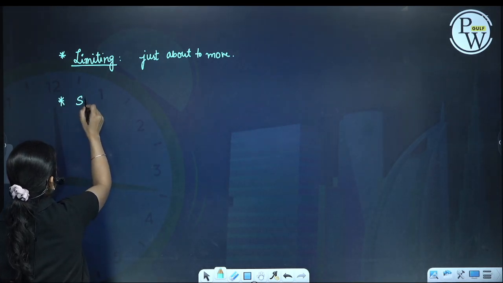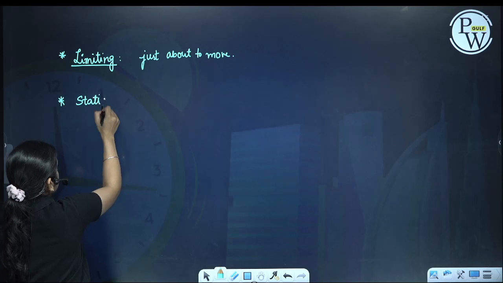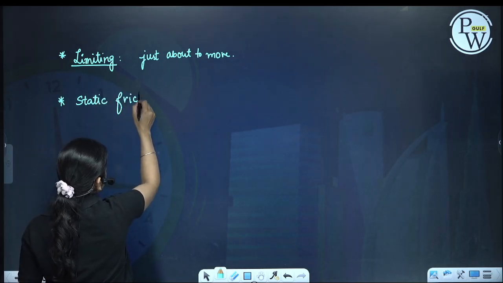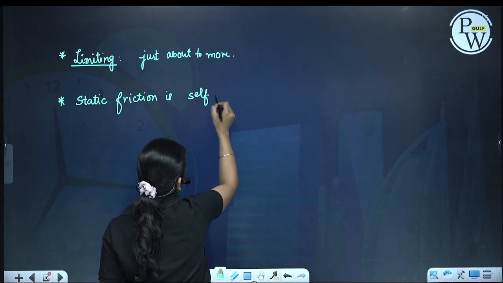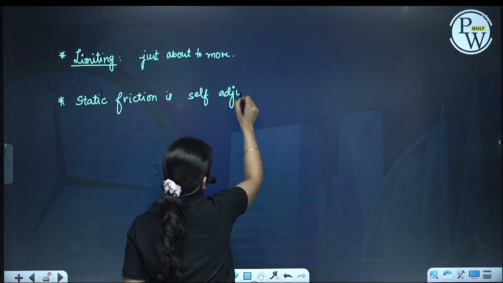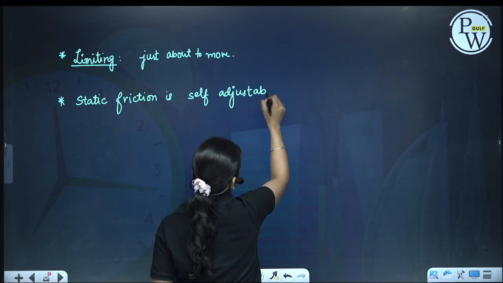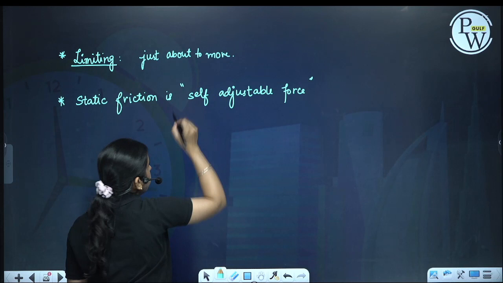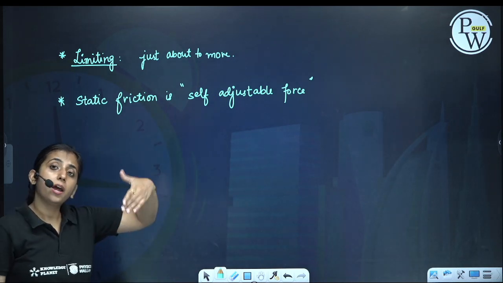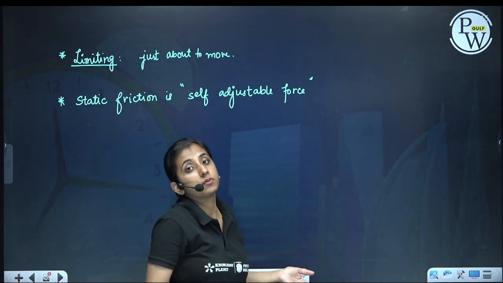Now static friction is a self adjustable force. Why self adjustable? Because it adjusts itself. If you apply a force of 2 Newton, static friction will be 2 Newton.